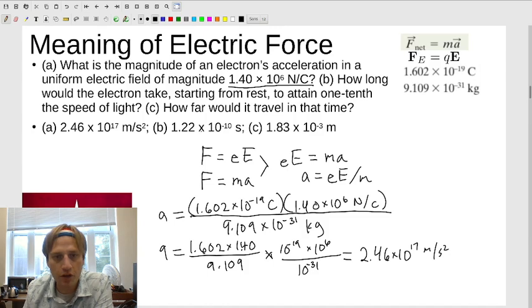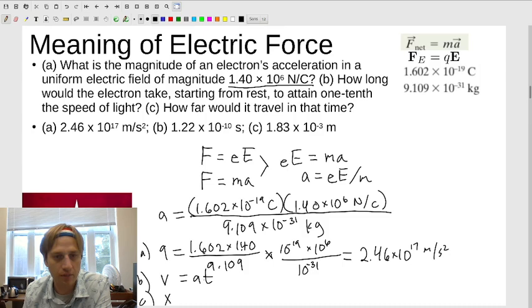Okay, and then of course, if you wanted to go farther than that, you could find the amount of time it takes by saying your final speed is 1/10 of the speed of light, so that would be 3 times 10 to the 8th divided by 10 equals the acceleration times the time, so solve for t. That would be part B. So this is part A. And then for part C, how far would it travel?